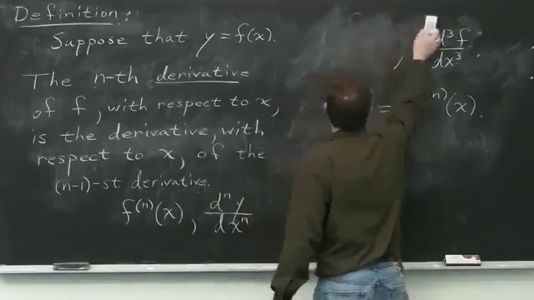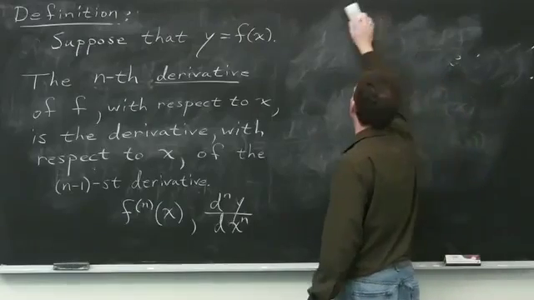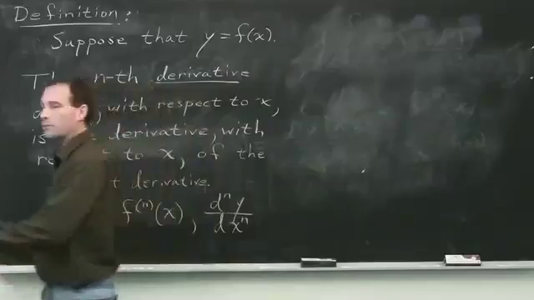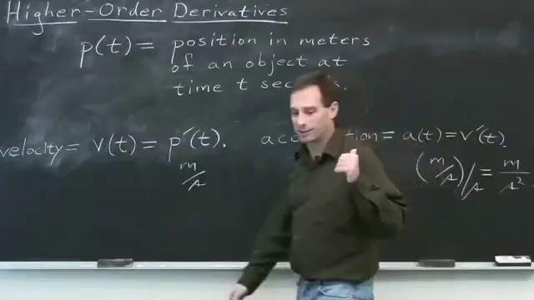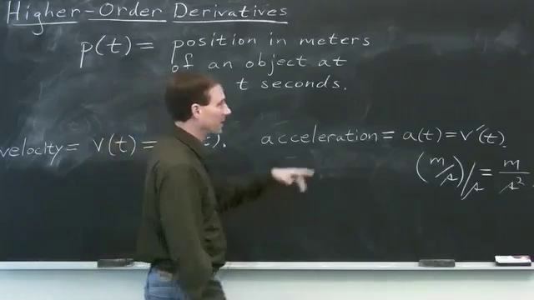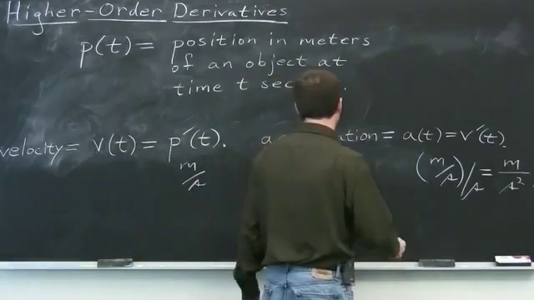It's the units of f divided by the units of x raised to the nth power. So maybe it would be best to do this first in terms of position and time, and then write in general what happens.